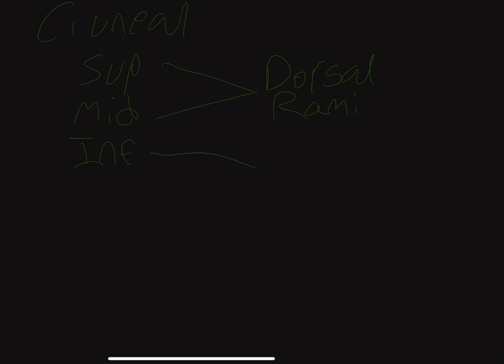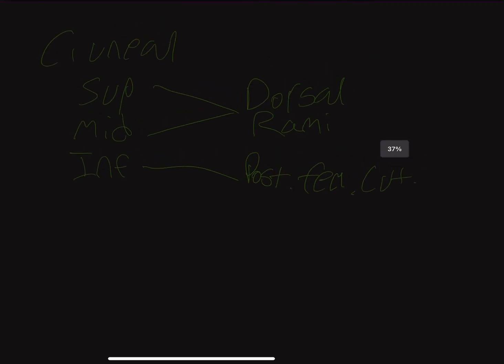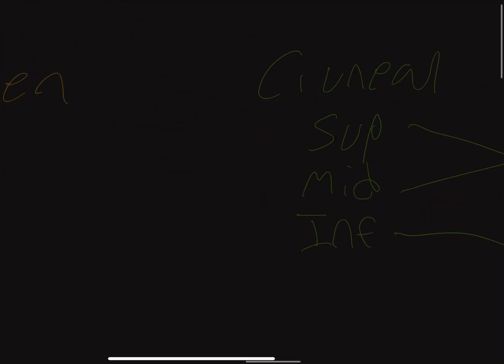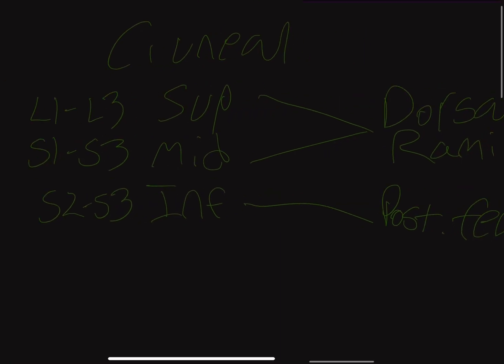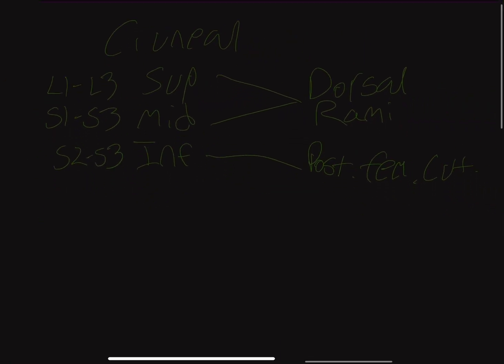This inferior cluneal actually comes from the posterior femoral cutaneous. Okay, and then if we go in order here, the superior is from L1 to L3. This middle one is S1 to S3. And this inferior is just S2 to S3. And that's going to be your cluneal nerves. That's where those guys come from.